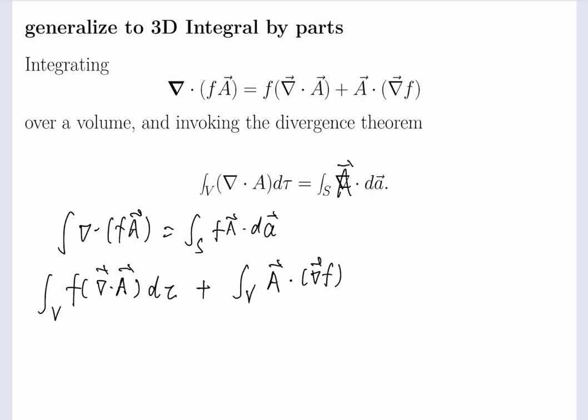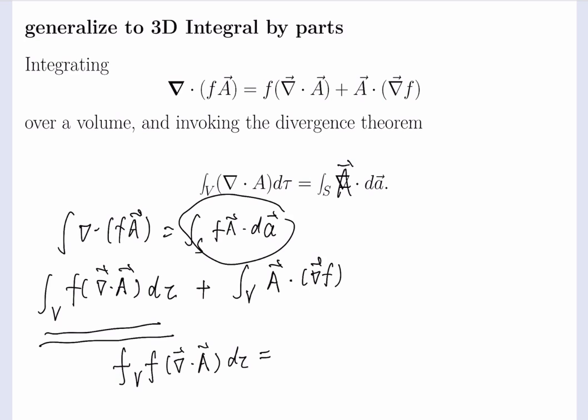And now say we are interested in this term, but we might not know how to calculate that. Then we simply write this as the term here minus the term over here.